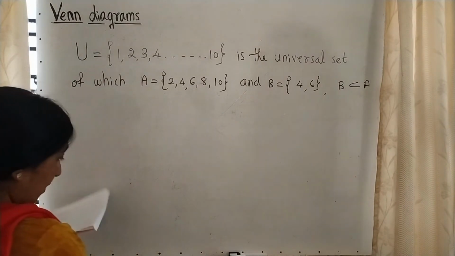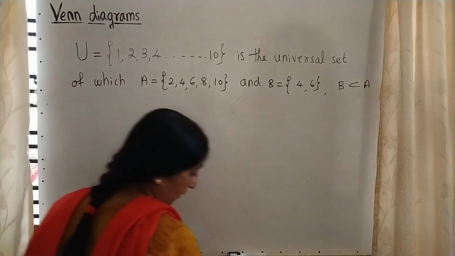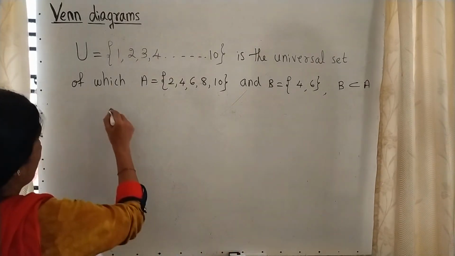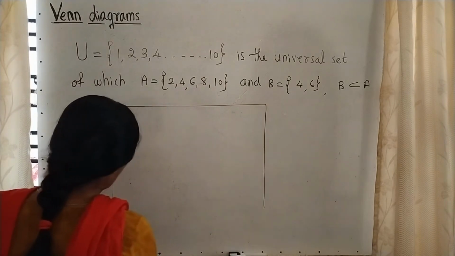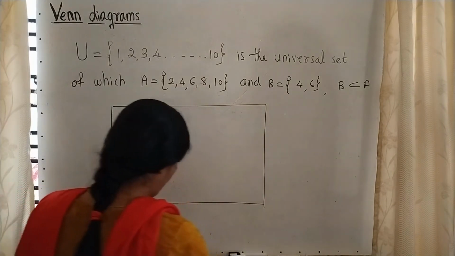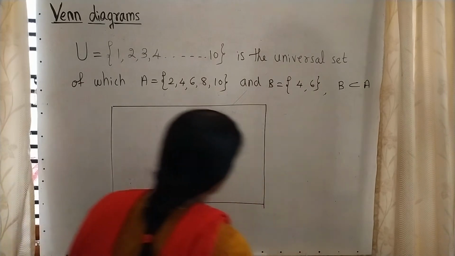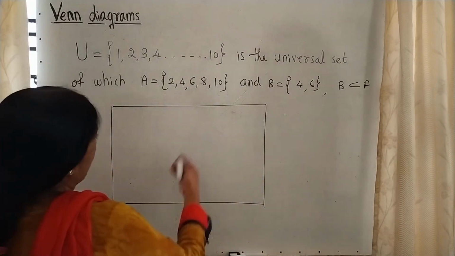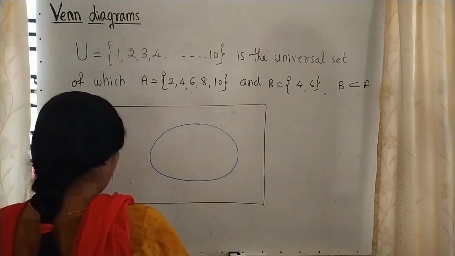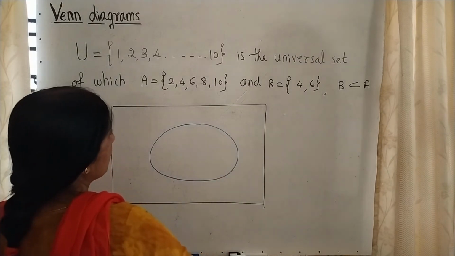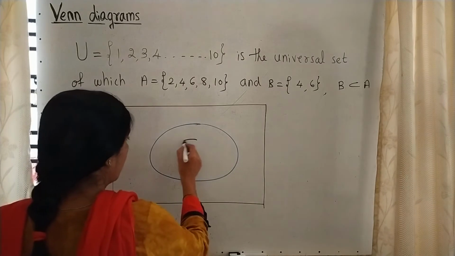Then how to represent this in the Venn diagram? First we have to draw the universal set. After that, I am drawing set A. And after that I am drawing set B. Set B is a subset of A, that's why B comes here.